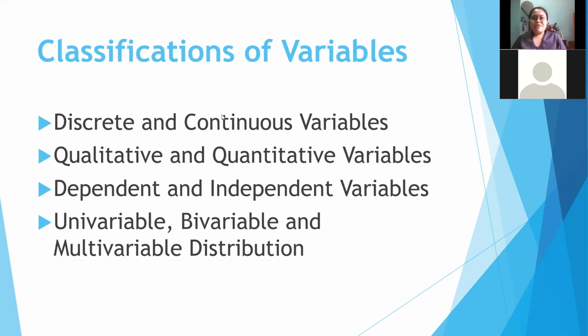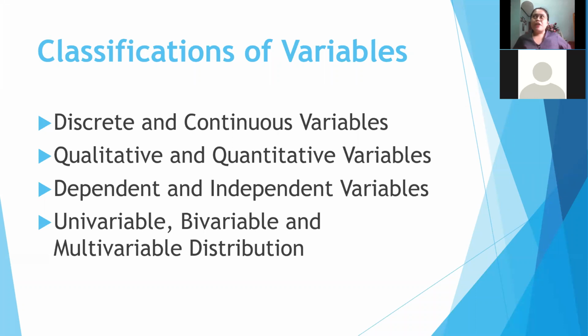So we have classifications of our variables. In research, we can classify variables as discrete or continuous, also qualitative and quantitative, and then dependent and independent, or it can be univariate, bivariate, or multivariate.